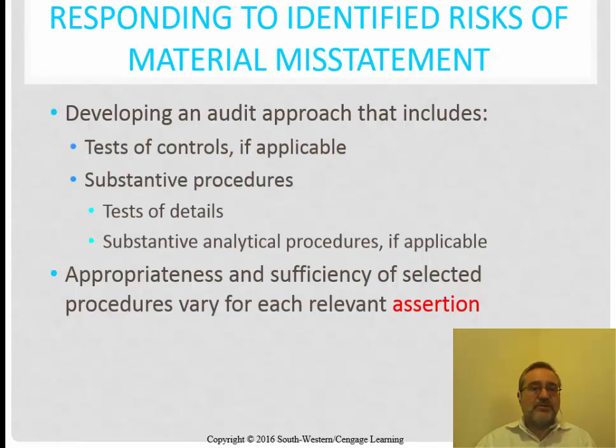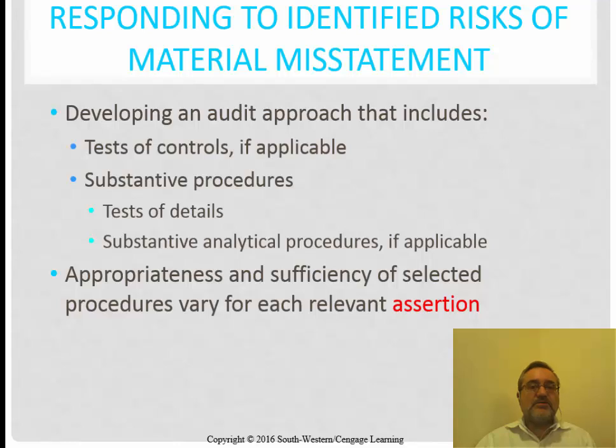These substantive procedures is where we are measuring monetary misstatement. We're looking at the test of details related to account balances, and we are considering substantive analytical procedures when they're applicable. Again, the bottom line related to our substantive procedures is we are measuring monetary misstatement.